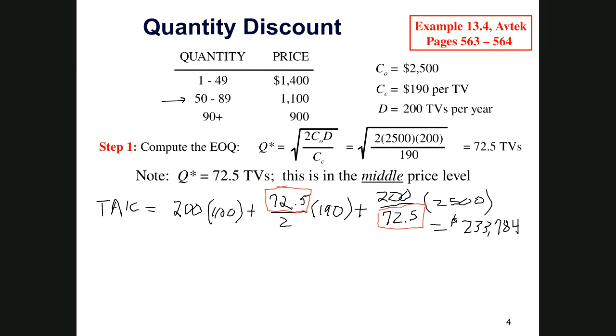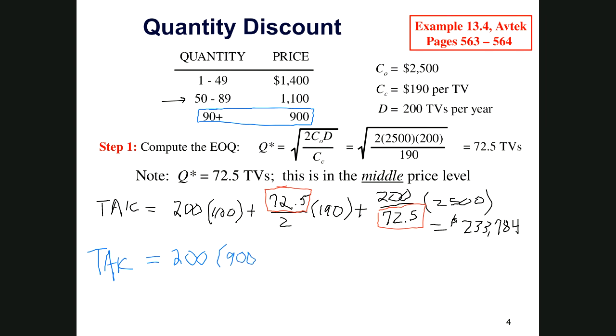Step 2 is we're going to calculate at the next lower price break, which is here at 90 televisions. We're going to calculate the total annual inventory cost at 90 televisions. So we still are going to need to order 200 televisions, but the cost now, instead of being $1,100, is only $900.